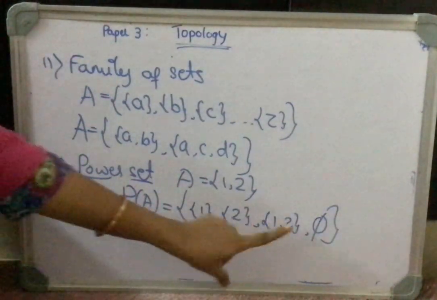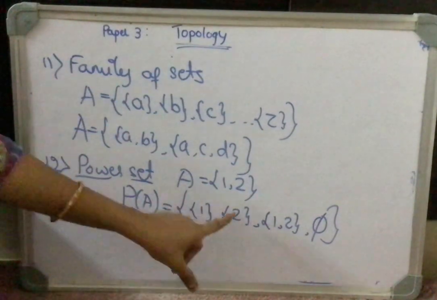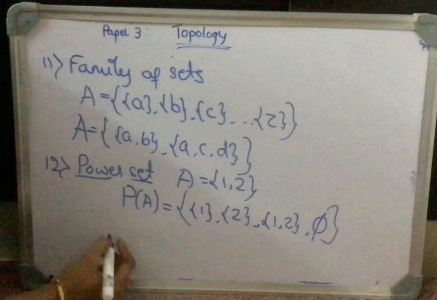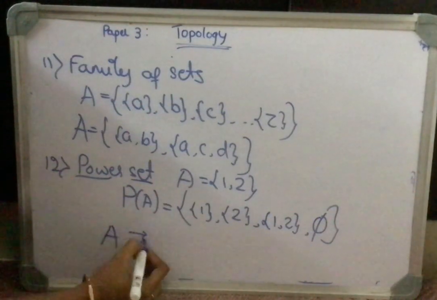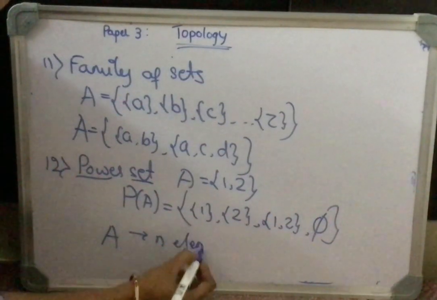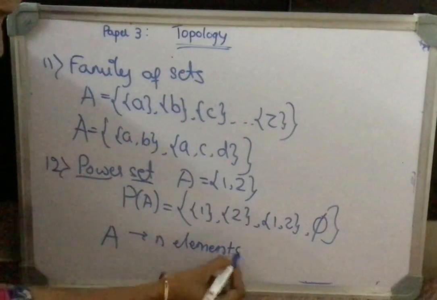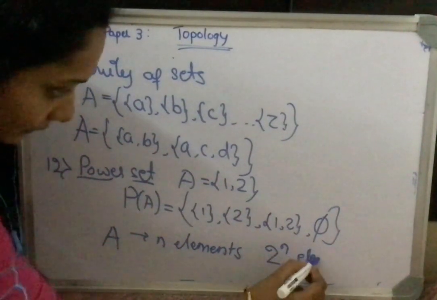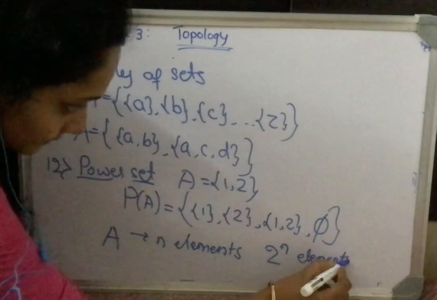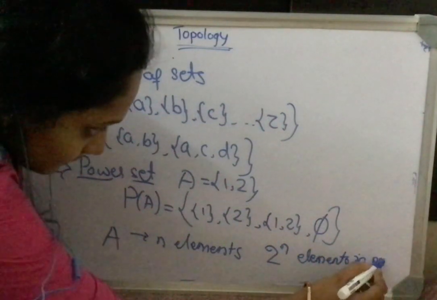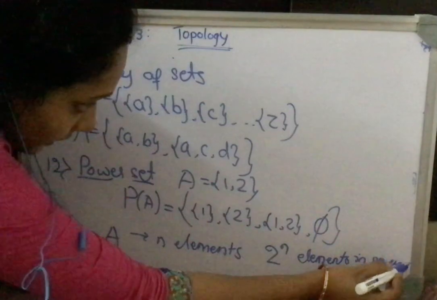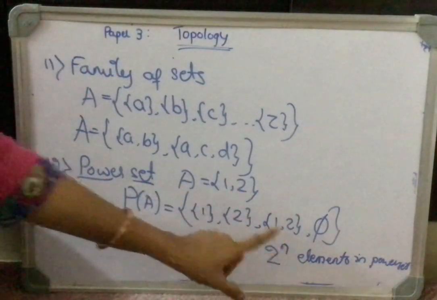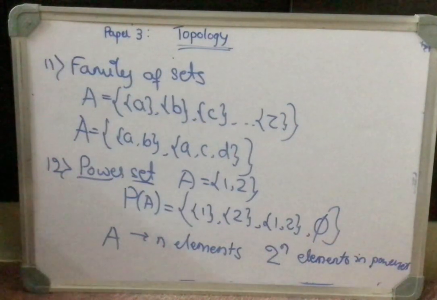For any set A having n elements, the power set has 2 raised to n elements. Okay, so here A has 2 elements, so 2 raised to 2 is 4 elements.